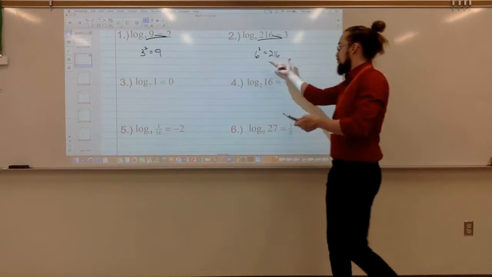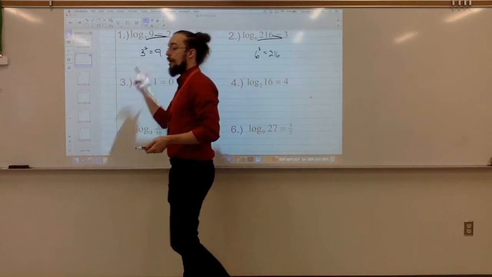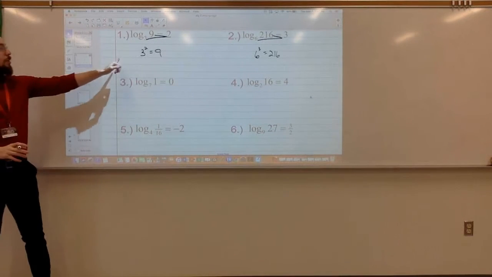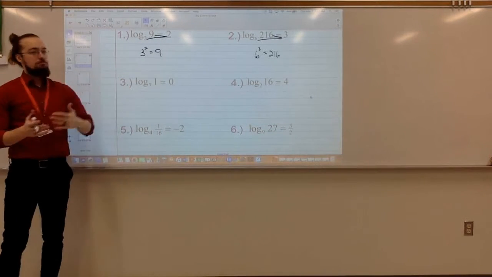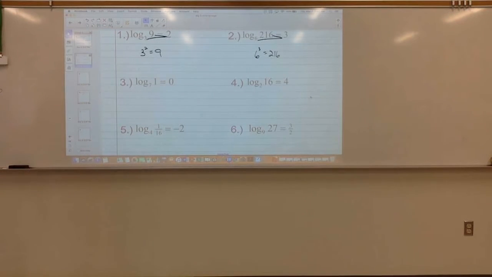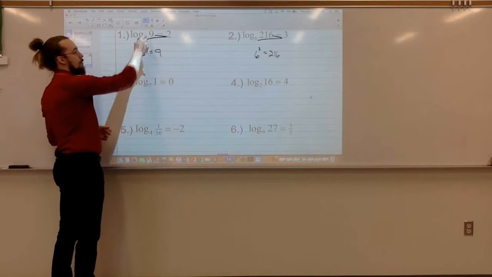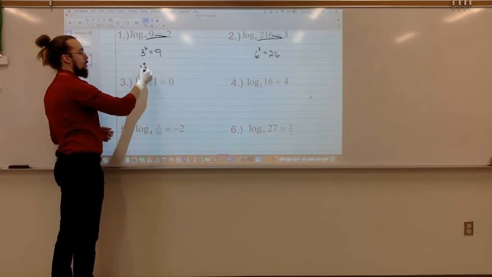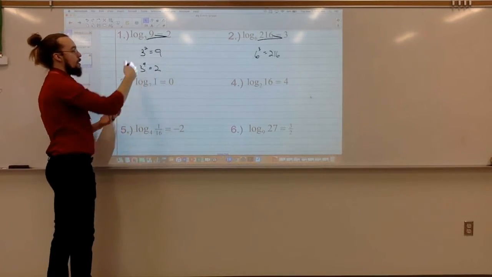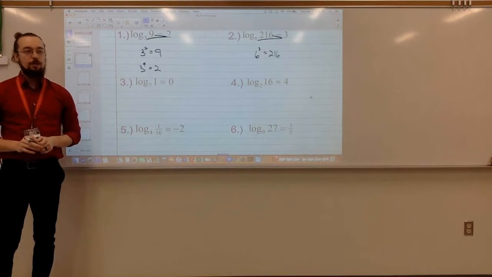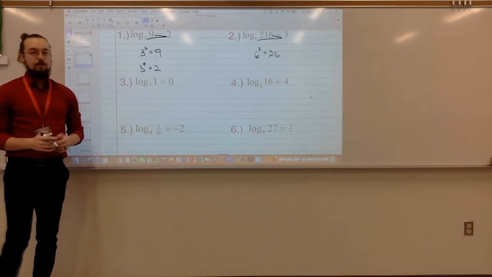To double check, we can make sure that this is a true statement. 3 to the second power does in fact equal 9. If for some reason we had written down 3 to the 9th power equals 2, if we messed up our order, and we put 3 to the 9th power in the calculator, we're definitely not going to get 2.